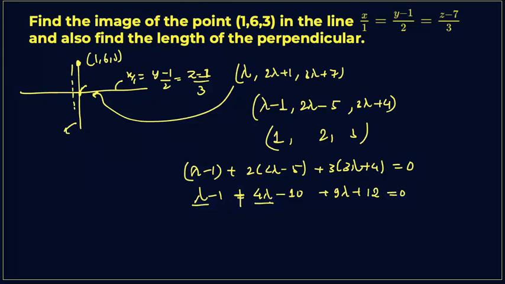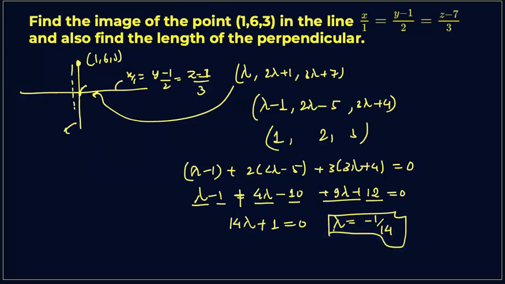Lambda plus 4 lambda is 5 lambda. 5 lambda plus 9 lambda is 14 lambda. And minus 1 minus 10 is minus 11. Minus 11 plus 12 is 1, equal to 0. So you can find the value of lambda, which is equal to minus 1 by 14.